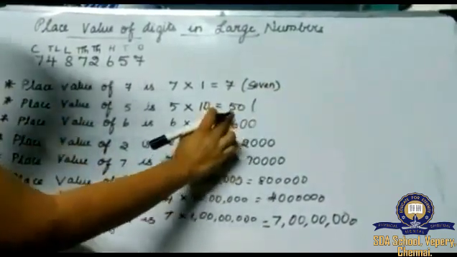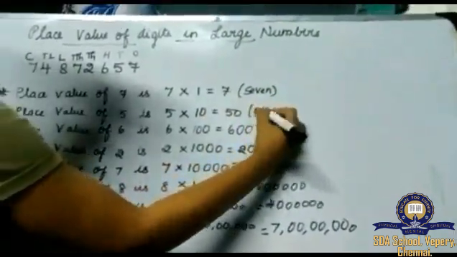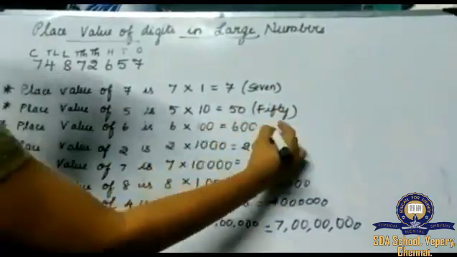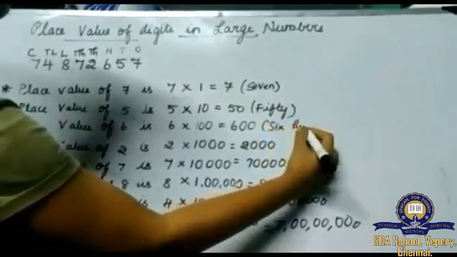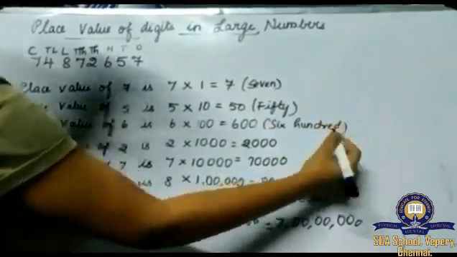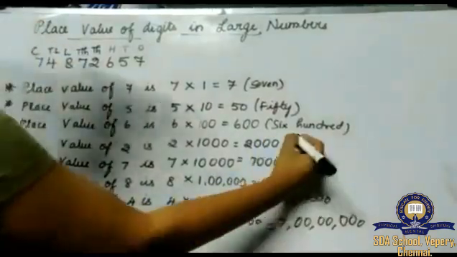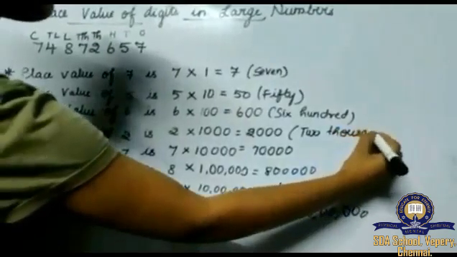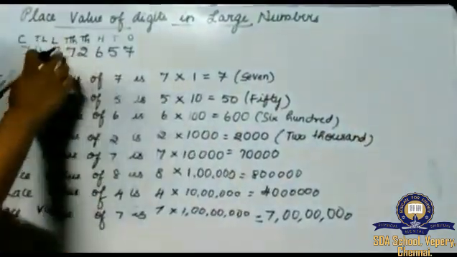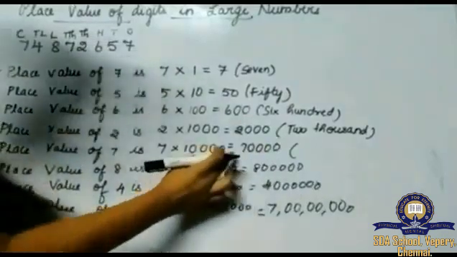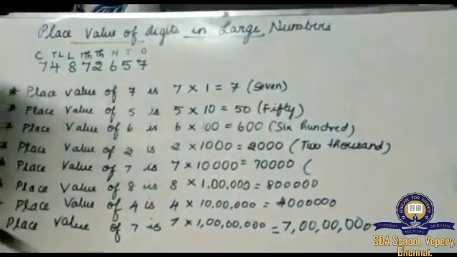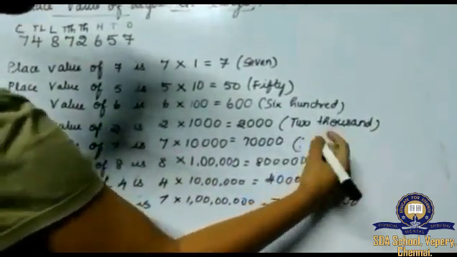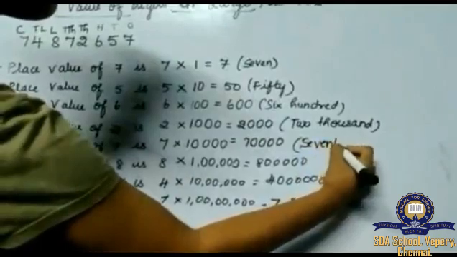Okay. This is 7, which is in ones place. This is 5. So since it is in tens, we'll be calling this as 50. Okay. And since this is in hundreds place, you'll be calling it as 600. And 2 is in thousands place, you will be calling this as 2000. 7 is in 10,000s place, so you'll be calling it as 70,000.